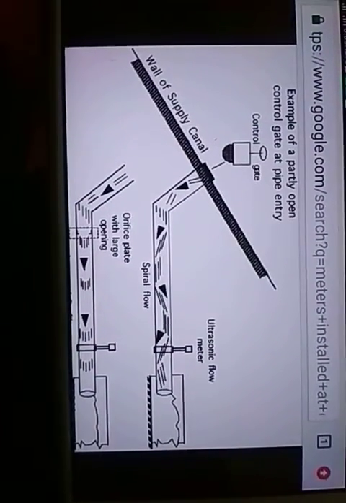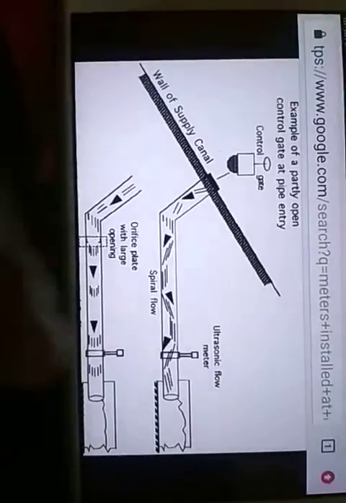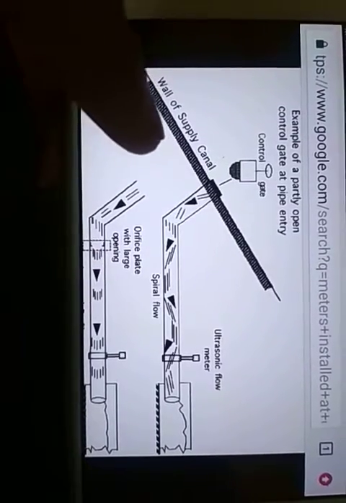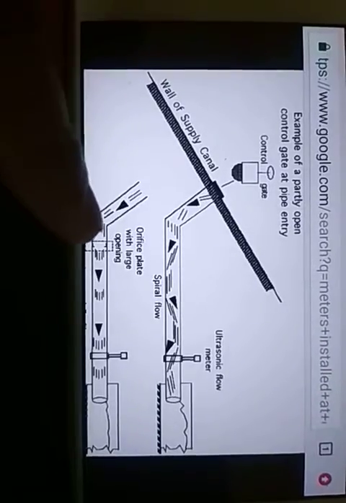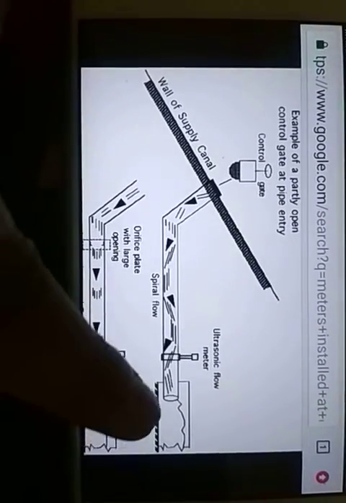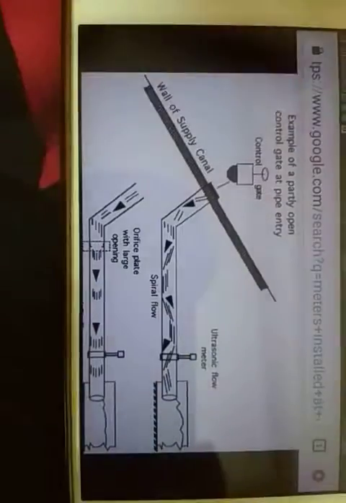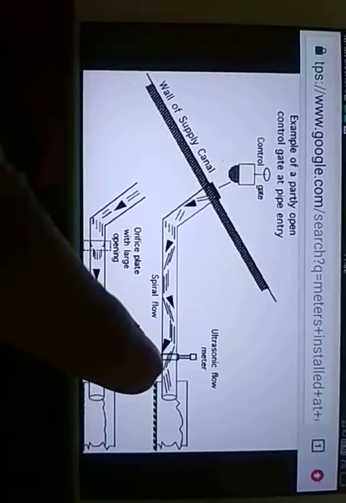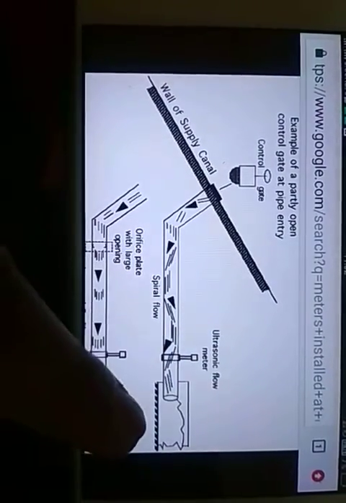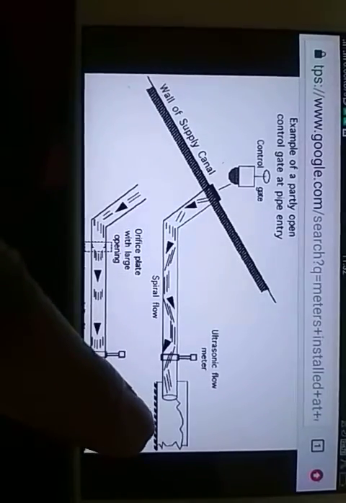In this picture you can see a wall of the supply canal, and an ultrasonic flow meter is provided here before the water is taken out of the canal.